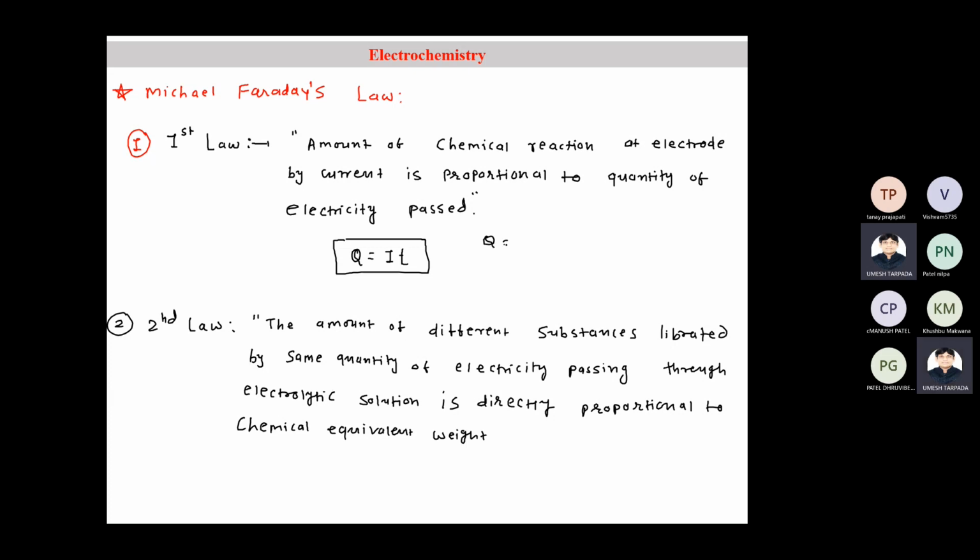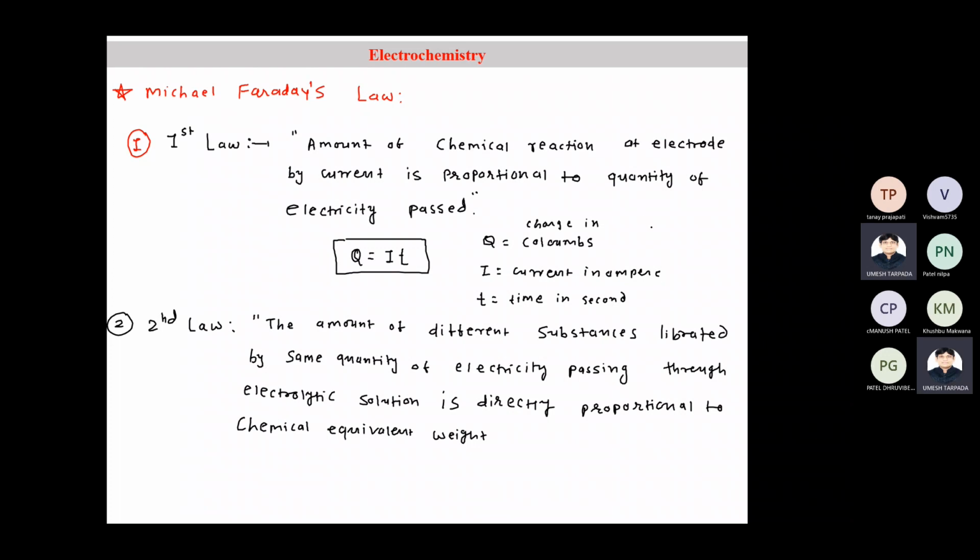In this equation, Q is charge in coulomb, I is current in ampere, and T is time in seconds.